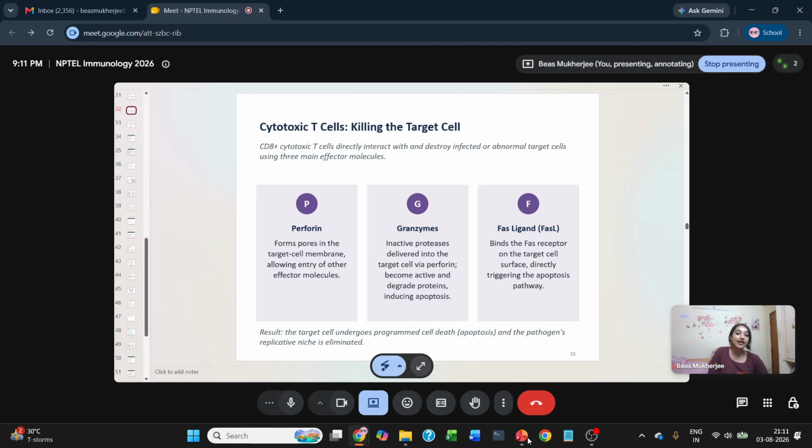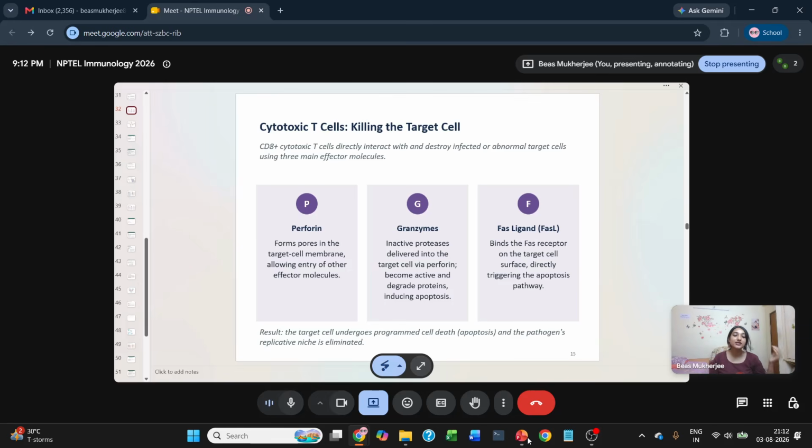So that means that when this is present in the form of granzyme inside the cytotoxic T lymphocyte, of course it is not degrading the cytotoxic T lymphocyte itself because it is inactive. It can undergo activation through various mechanisms such as cleavage. There can be proteolytic digestion, there can be any kind of post-translational modification. So there are different ways in which a zymogen becomes an active enzyme. That is happening here too.